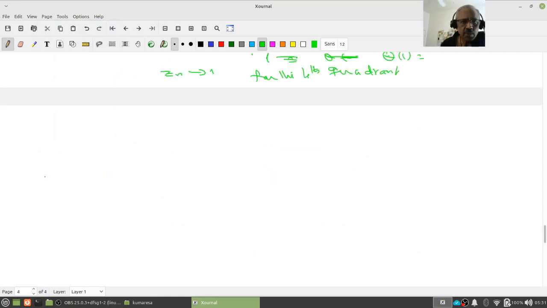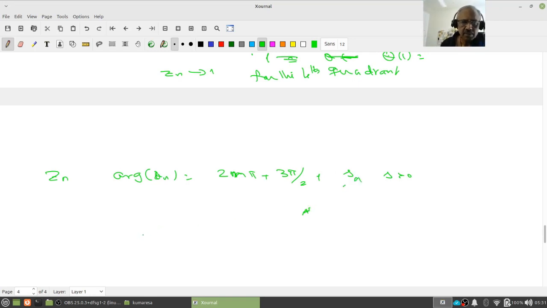Then from the fourth quadrant, if Zn is there, its argument must be 2n pi plus 3 pi by 2 plus some Sn which is positive.